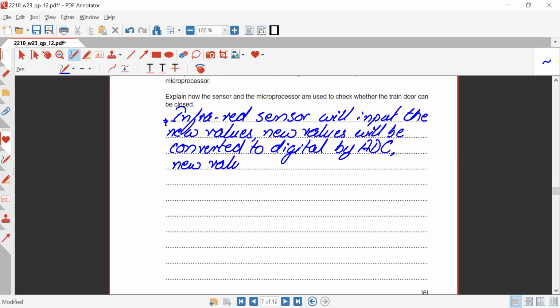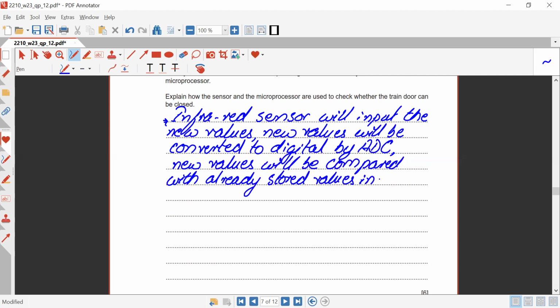New values will be compared with already stored values in the microprocessor.